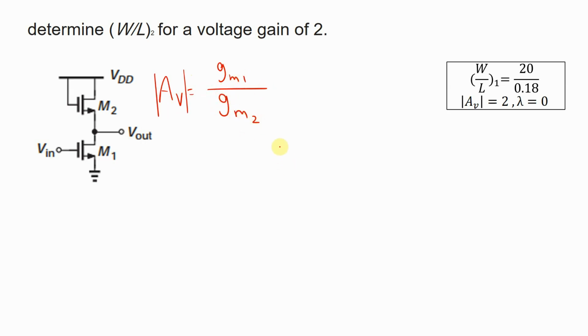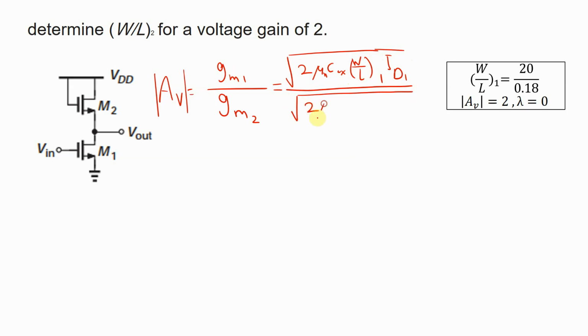As you already know, we have 3 different formulas for GM, and it is better to use the square root. What is GM1? Square root of 2 mu n C ox W over L1 I drain 1. And what is the formula for GM2? Again, square root of 2 mu n C ox W over L2 I drain 2.